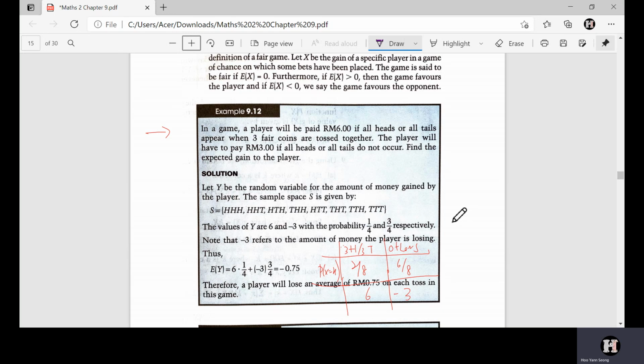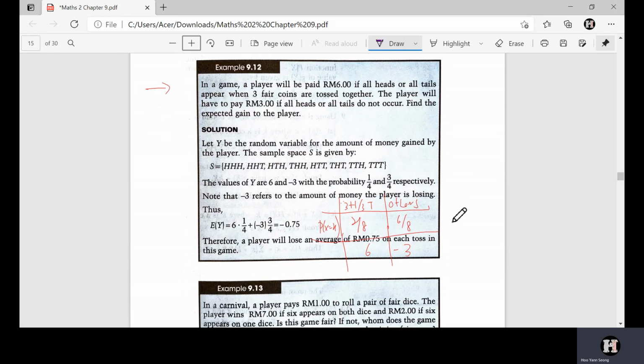Now if you see their solution, it's very descriptive with all the ayat and so on. Actually, no need. You can just let S be the sample space of this one, because you want to know the occurrence.